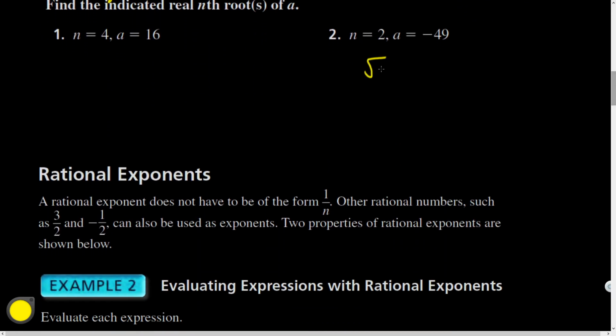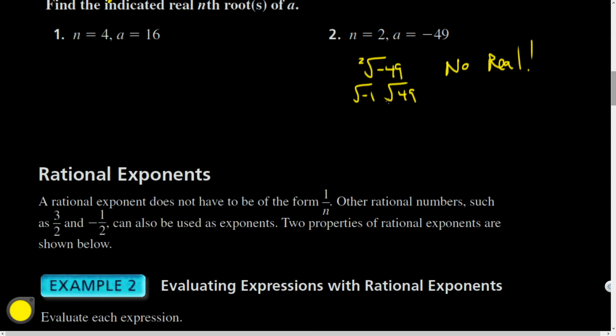So yeah, this is just the square root of negative 49. Wait a minute. Even index, negative number. No real answer is what's going on there. But I would point out that I could have broken out the square root of -1 and the square root of 49.